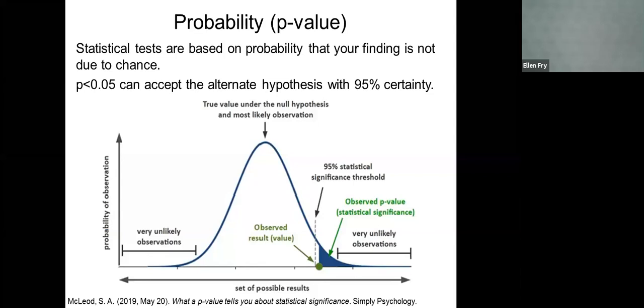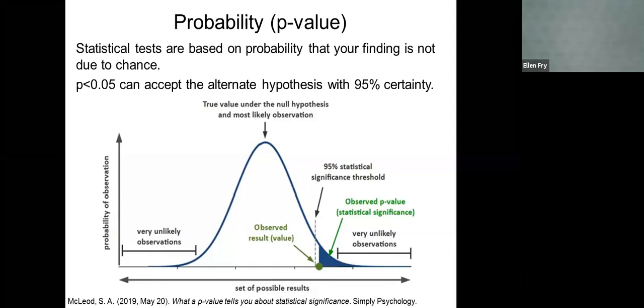If your variable is less than 0.05, which is a 1 in 20 chance, this is the very extreme end of your set of possible results, as we see in this figure. And if you get this value, you will reject the null hypothesis. Your results are statistically significant.